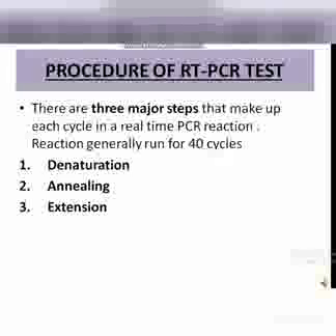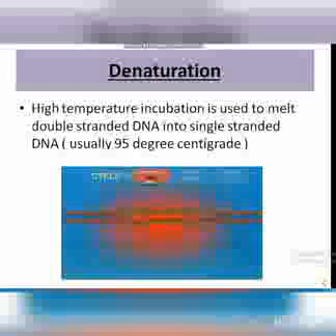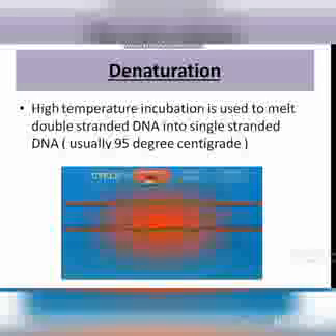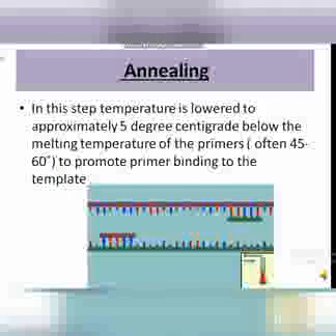Procedure of the RT-PCR test. There are three major steps: denaturation, annealing and extension. Denaturation. High temperature incubation is used to melt double-stranded DNA into single strands, usually at 95 degrees centigrade. Annealing.